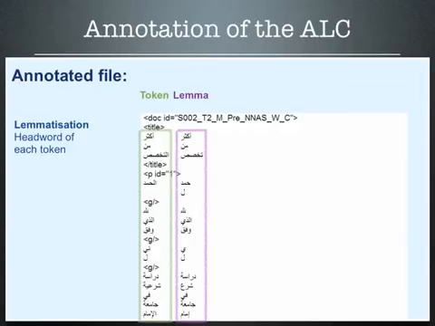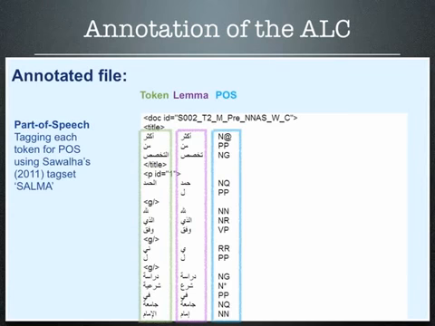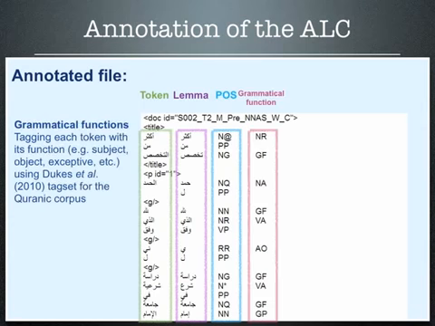Then the text is lemmatized by adding the head word of each token. Also, the tokens are tagged for part of speech using Sawalha's tagset called Salma. Grammatical functions like subject, object, accusative, etc. are tagged using Dukes' tagset for the Quranic corpus.